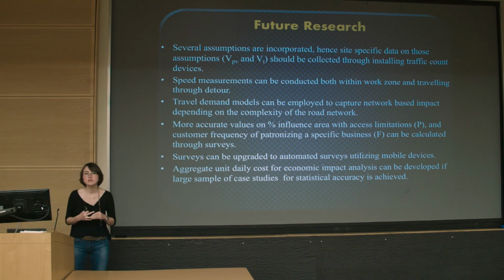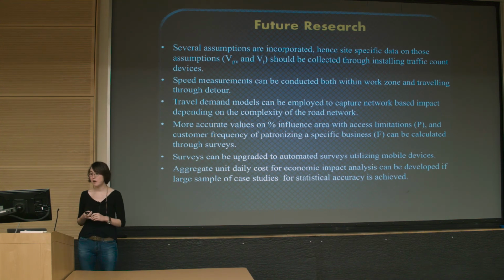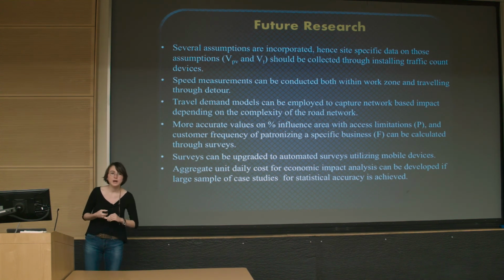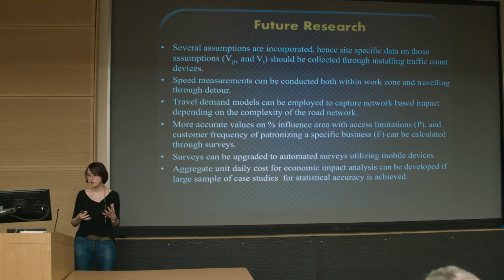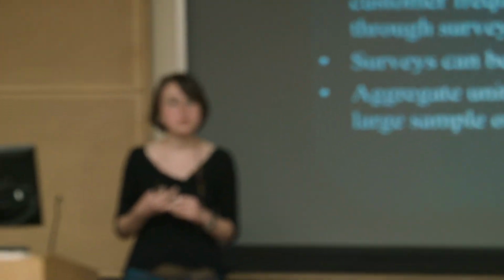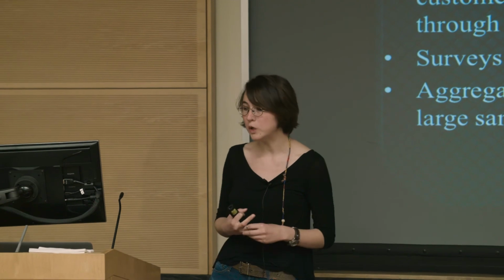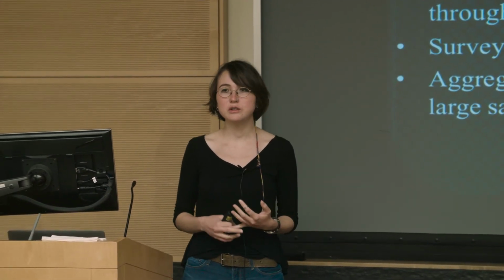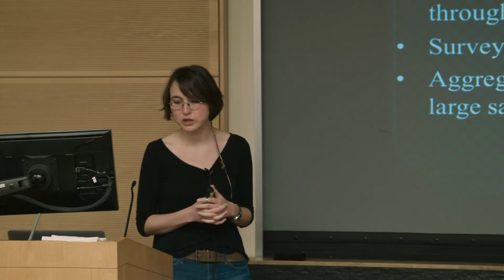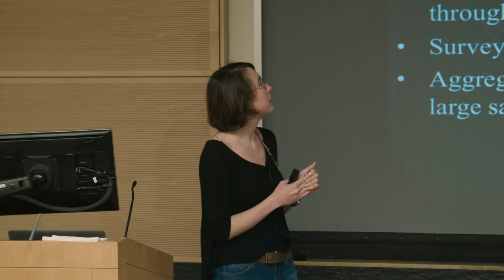This model was developed as a decision-making tool for highway agencies, and can be applied to any sort of highway project. If the model is to be applied as a post-construction analysis tool, site-specific data should be collected before, during, and after construction, as well as the speeds of passenger vehicles and trucks.